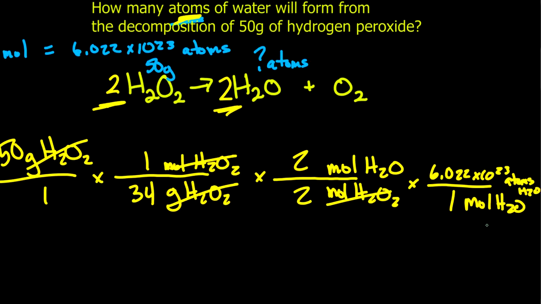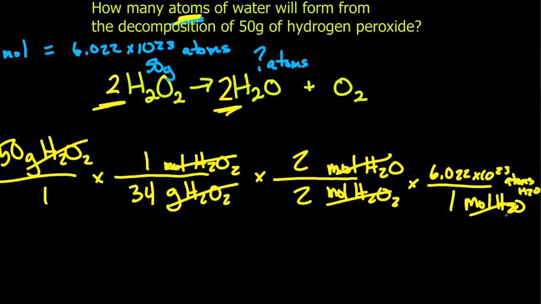Alright, so let's knock this thing out. So moles of H2O cancel right there. We got 50 grams of hydrogen peroxide. Do a little mole conversion. So 50 times 1 divided by 34, I get 1.47. Times it by the mole ratio, times 2 divided by 2. Still got 1.47. Now I do my mole conversion to atoms.